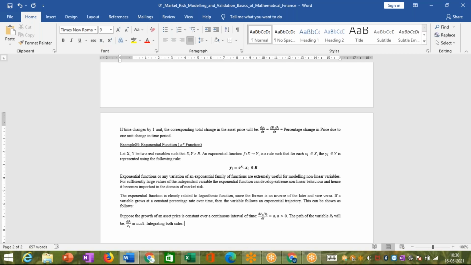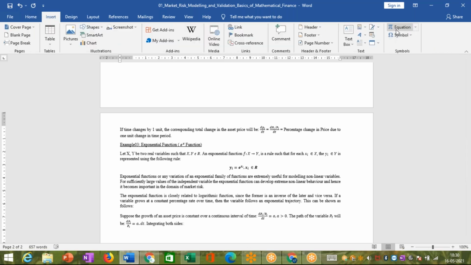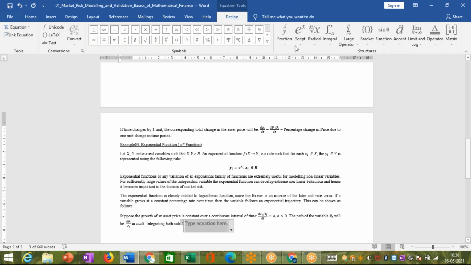I'm not doing the integration manually over here because I presume, since we have engineers, that integration was like bread and butter at a point of time, right?